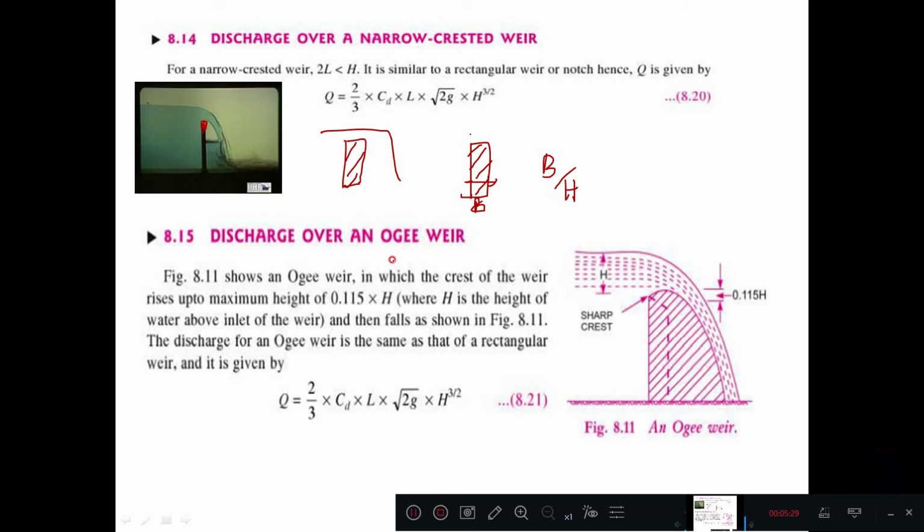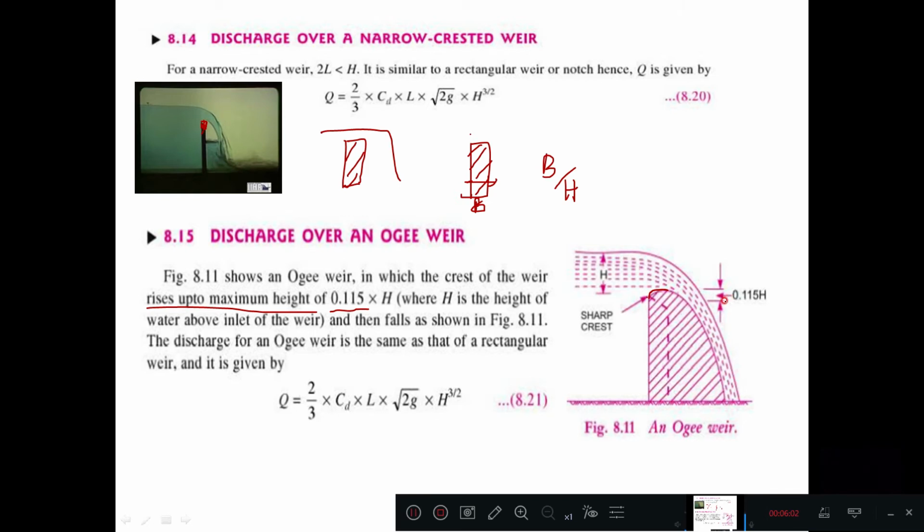Then, as we know, the Ogee shape figure shows an Ogee weir in which the crest of the weir rises up to a maximum height of 0.115 times the capital H. If you take this as the top portion of the weir crest, above the crest the water height is H, and above this it is rising.